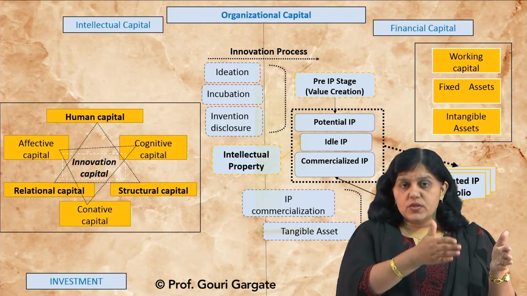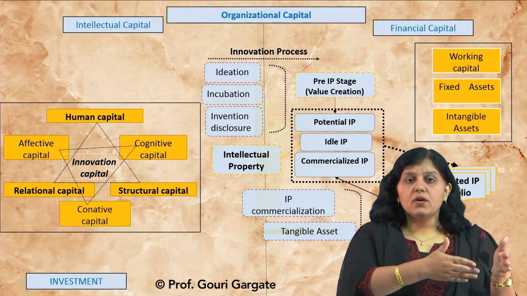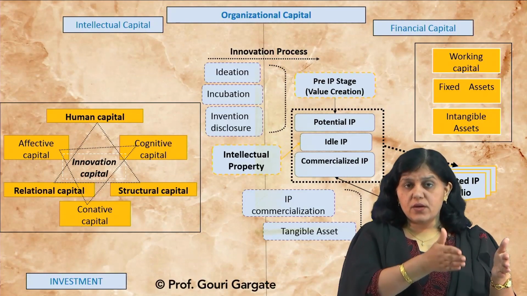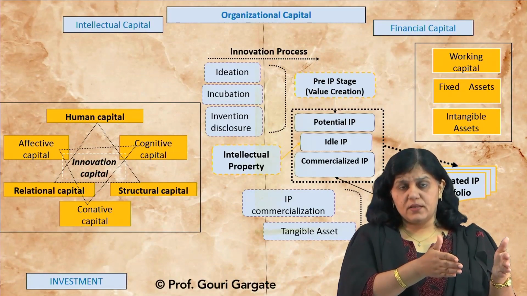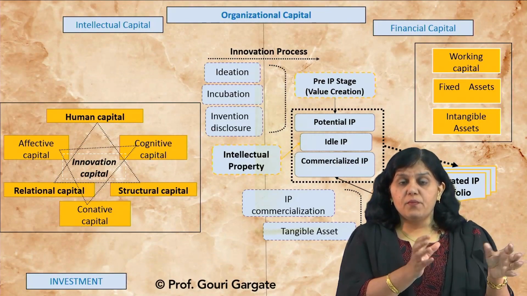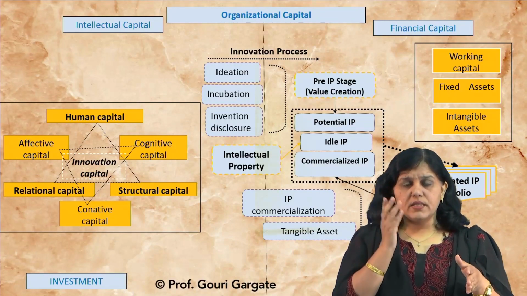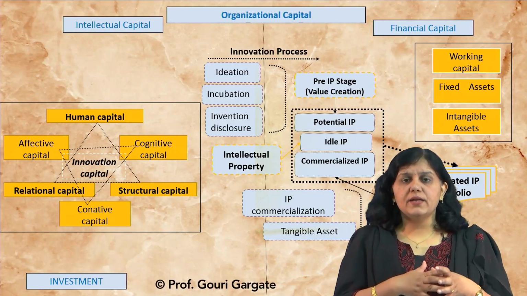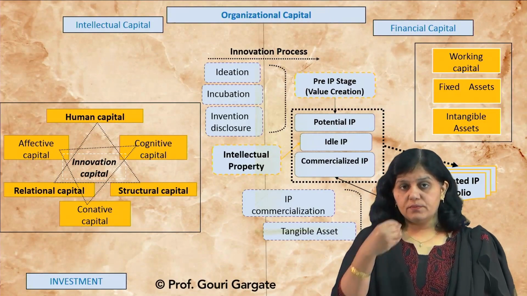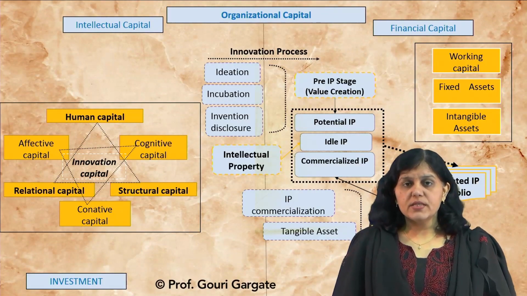Now, when you are starting, that is the pre-IP stage, you are working on your ideas, the research goes on, and you have to decide that probably at the 6th month or maybe at the end of the 8th month, there is a probability that something important may be achieved. So, you plan in that way, and we have seen that in the lab notebook you have weekly planning or monthly planning, right.